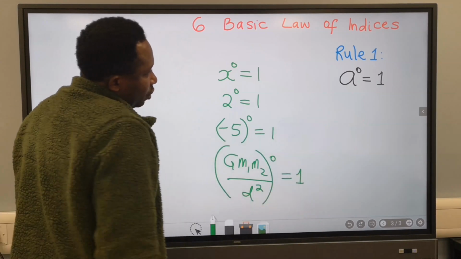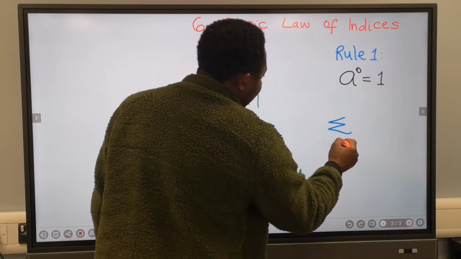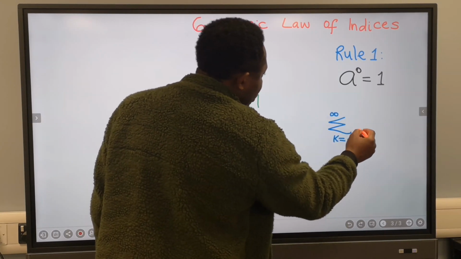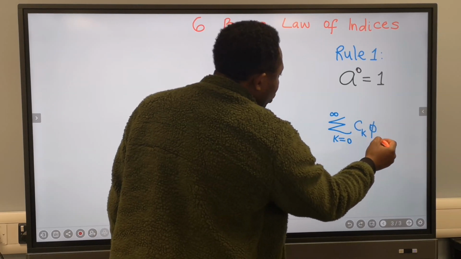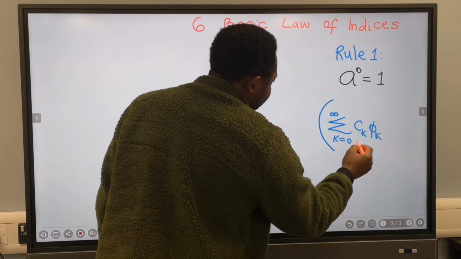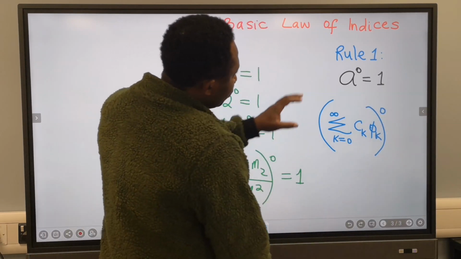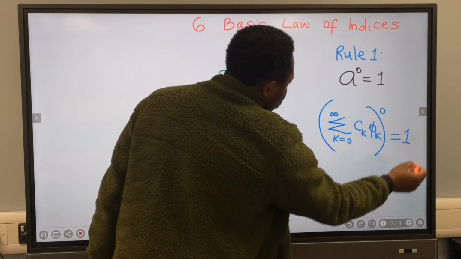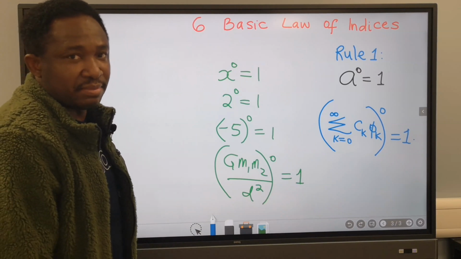According to this rule, it doesn't matter how complex the equation looks. As long as it is enclosed in a bracket and is to the power of 0, rule number 1 states that it must be equal to 1. Always remember this in mathematics.